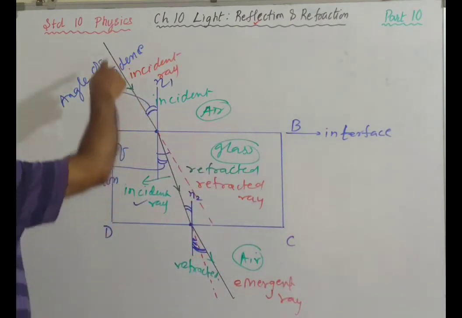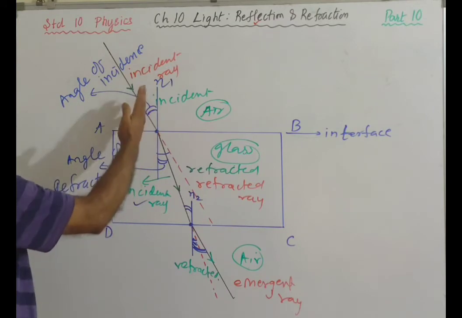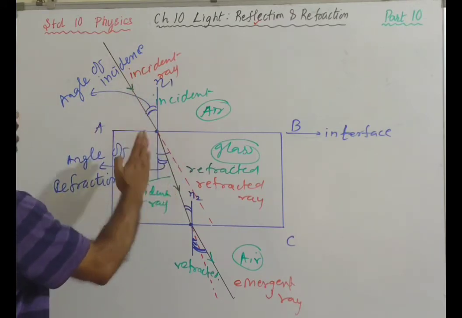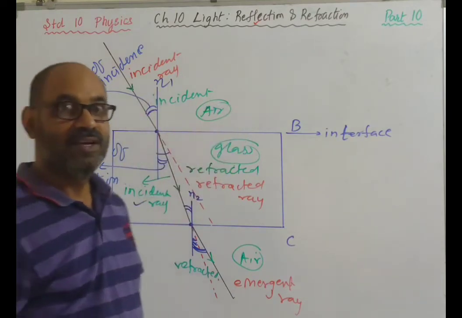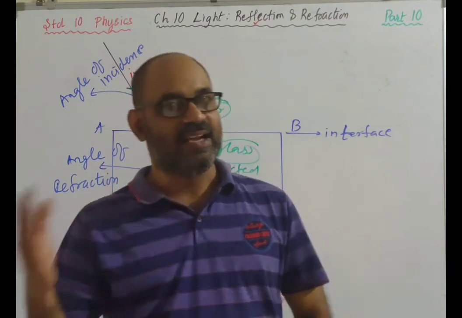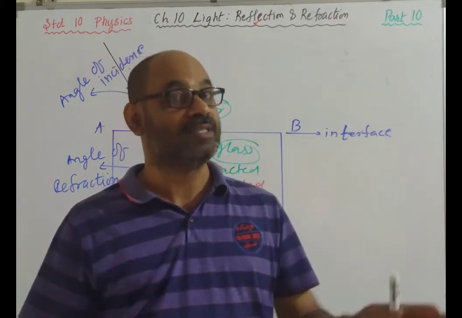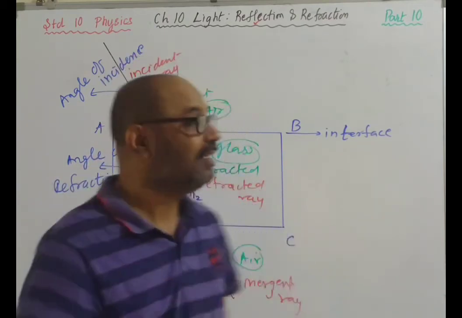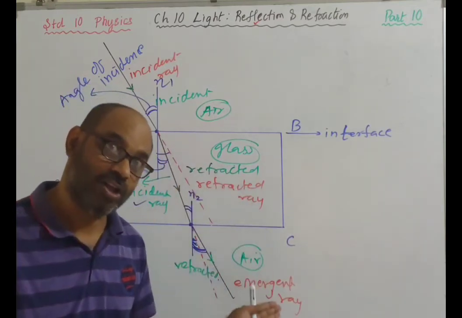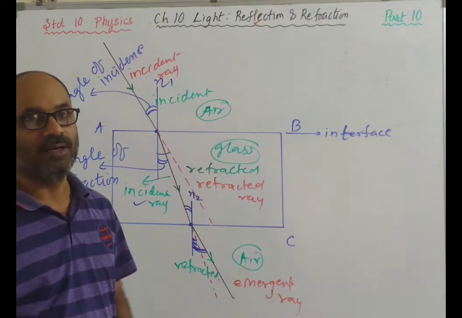Children, see the incident ray on the left of the normal, and see the refracted ray on the other side of the normal. So just like in reflection, the incident ray and reflected ray are on the opposite sides of the normal. Here, the incident ray and refracted ray are on the opposite sides of the normal.